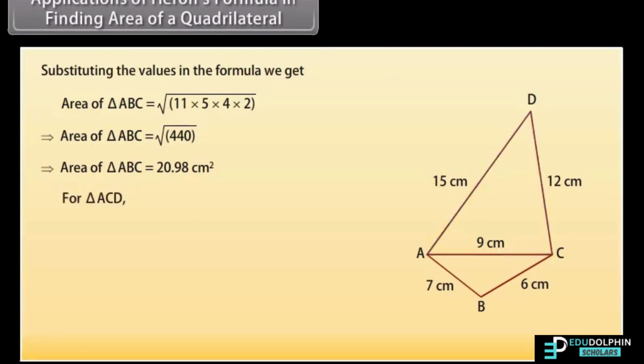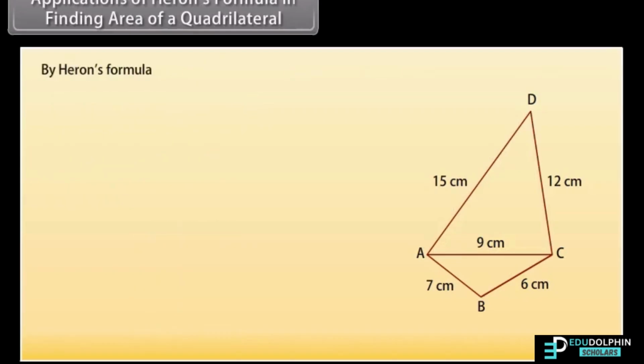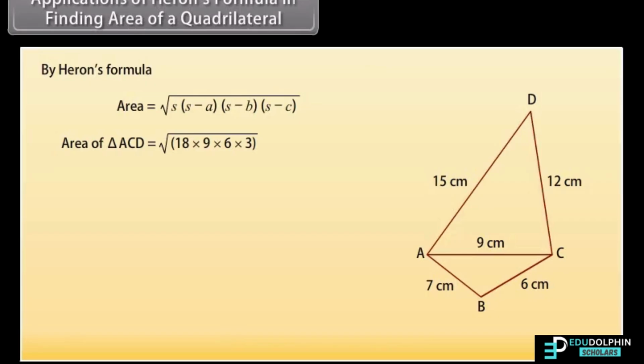Now for triangle ACD, S is equal to (9 plus 12 plus 15) upon 2, which is 18 centimeters. By Heron's formula, area is equal to square root of S into (S minus A) into (S minus B) into (S minus C). Therefore, area of triangle ACD is equal to square root of 18 into 9 into 6 into 3.